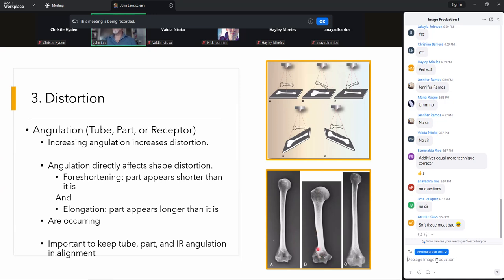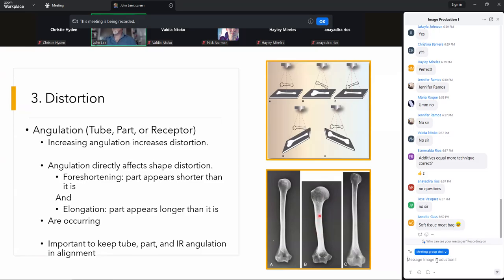There is some slight magnification of the distal humerus, but looking at the olecranon fossa in the humerus on both of them, you see there's distortion there. It's a little bit larger, it's elongated a little bit. So we definitely have a distortion here. Now, because the shaft is supposed to be this long and it's much, much shorter, that's where foreshortening comes from.